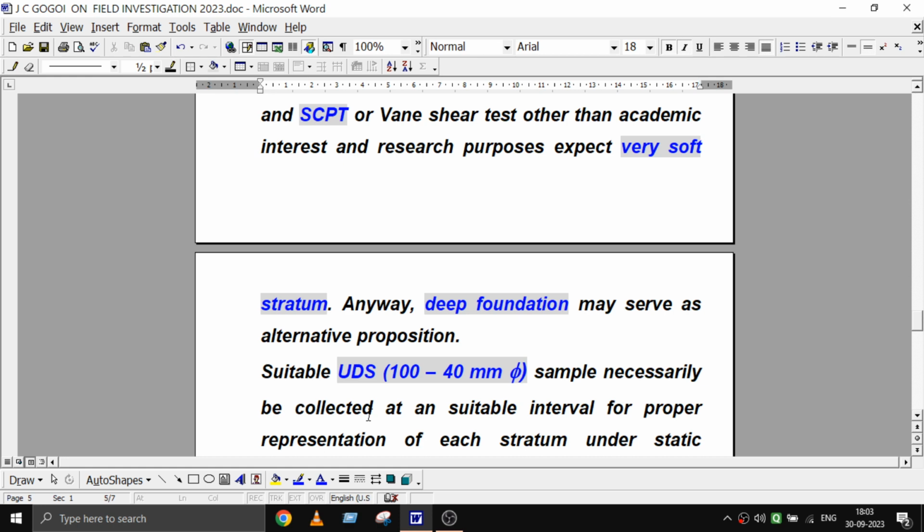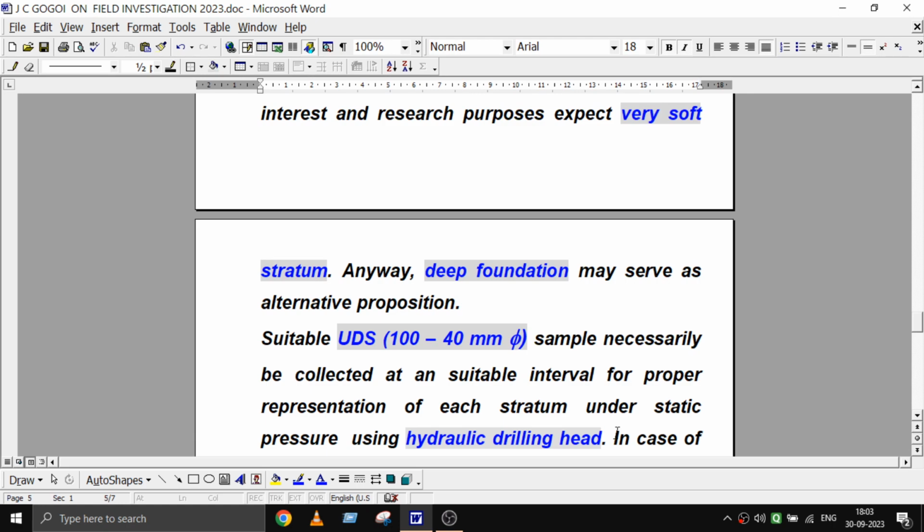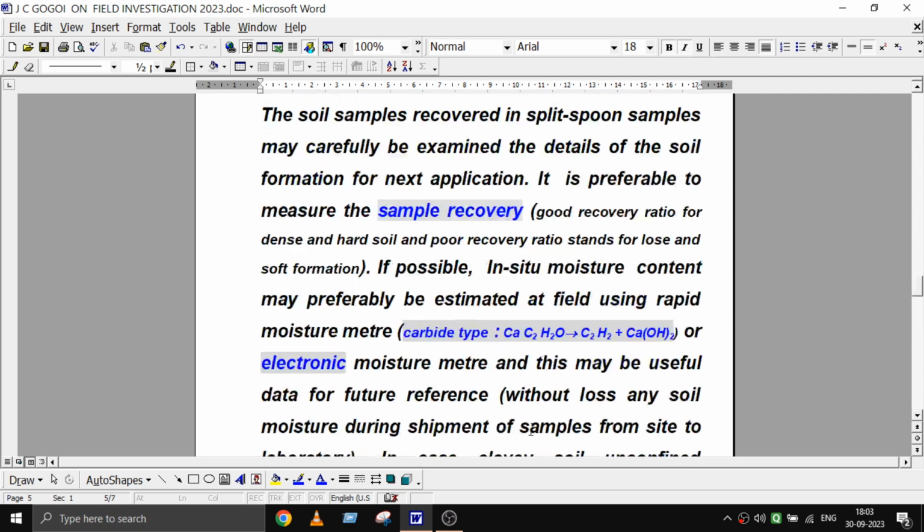Below 40 there is no undisturbed sampler even. These are called thin wall samplers. These are required to be collected at a suitable interval for proper representation of each stratum under static pressure using a hydraulic drilling head.